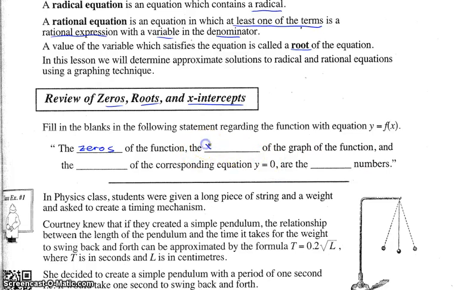The x-intercepts of the graph of the function and the roots of the corresponding equation of y equals 0, otherwise known as the solutions, are the same numbers. Okay, so those all mean the same thing. They just correspond to different words, but essentially apply to the same thing.